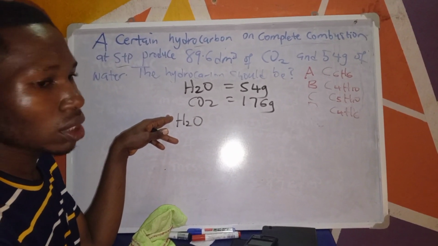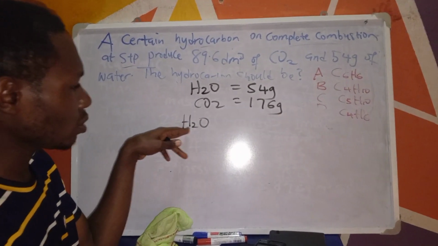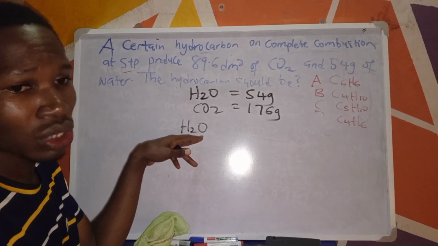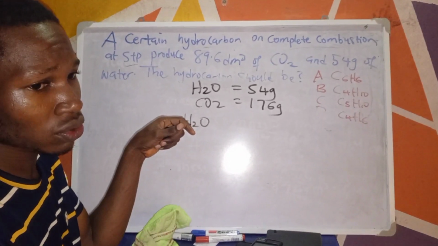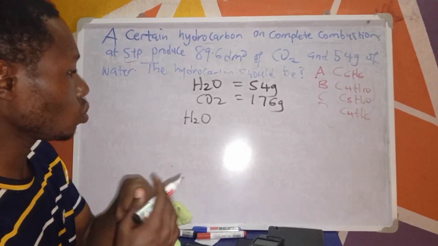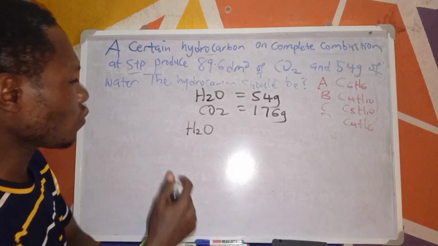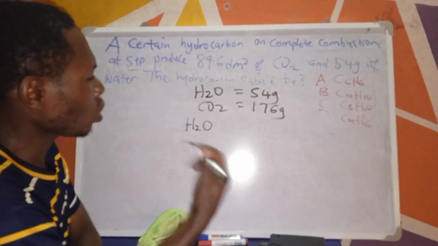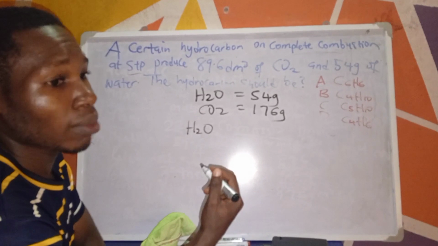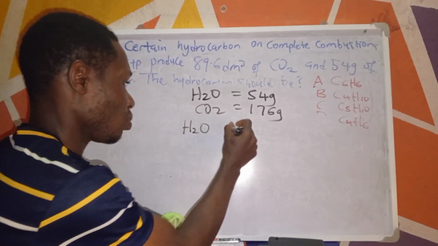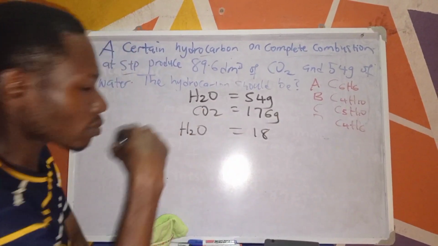And we will use this fraction and their molar mass in order to get the mass fraction. Just follow me through, you will understand what I mean. First of all, we have to get the molar mass of water.